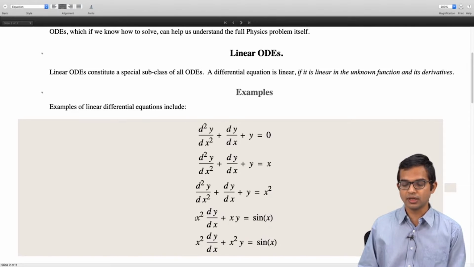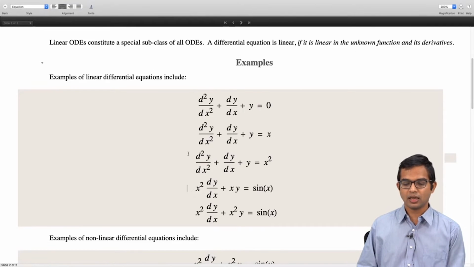You should look at it carefully, and indeed this differential equation is also linear, because although you have x squared, and in fact something much more violent like sine of x appears, it doesn't matter because y and dy by dx, both of these are linear. Likewise x squared can appear here, x can appear here, sine of x can appear here, cos x can appear here, all kinds of possibilities as long as it's only to do with x. So all of these are linear differential equations.